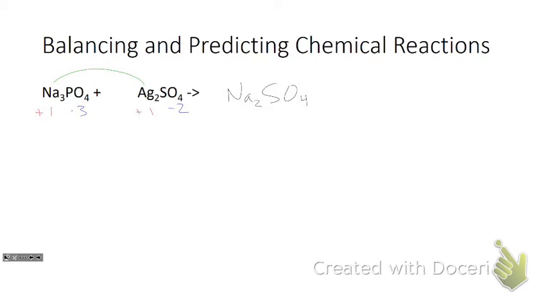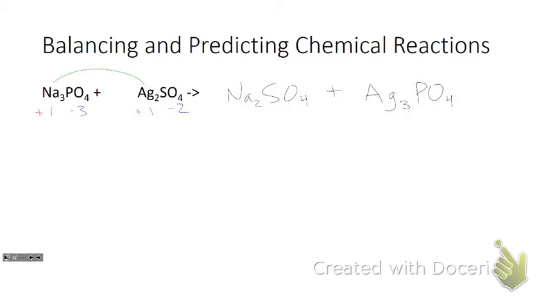So I'm just going to put a little 2 there because that belongs to the sodium. And now our silver and our phosphate are going to come together. So silver phosphate. Silver has a charge of +1 and phosphate has a charge of -3, meaning we need 3 silvers. So that has a net charge of 0.